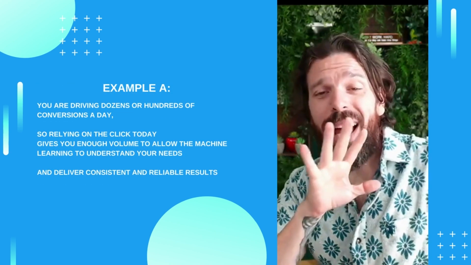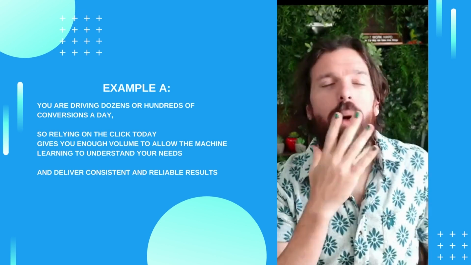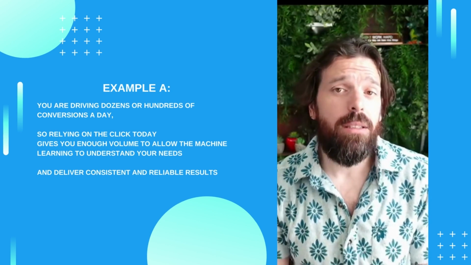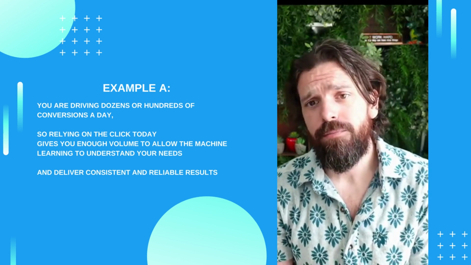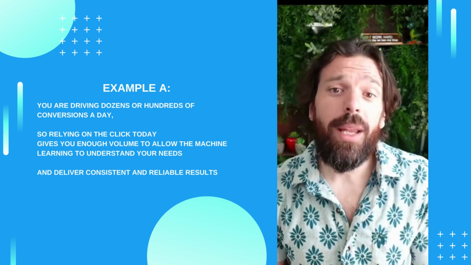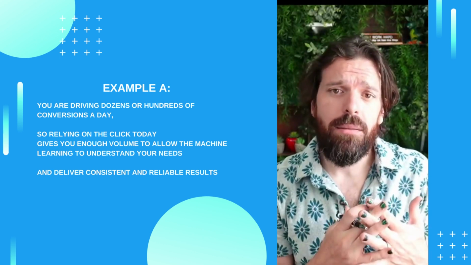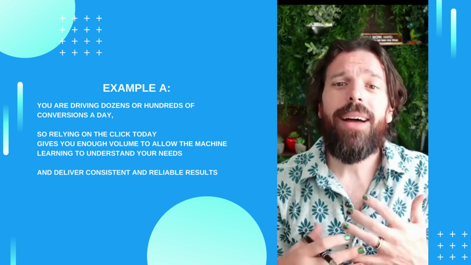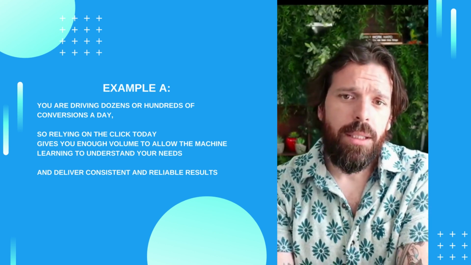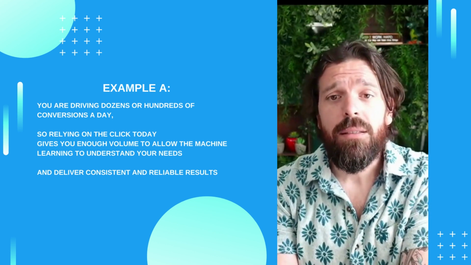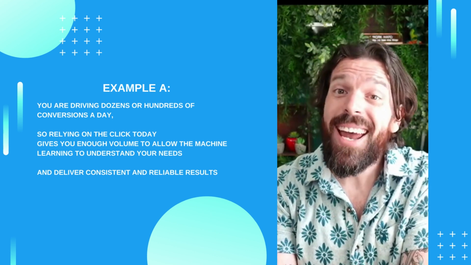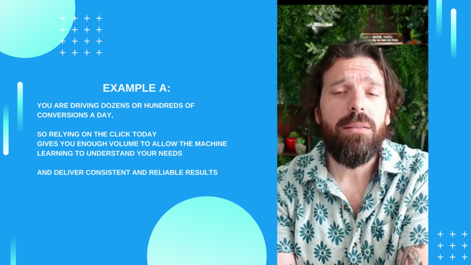So example A, you are driving dozens or hundreds of conversions a day. So relying on the click today gives you enough volume to allow the machine learning to understand your needs and deliver consistent and reliable results.